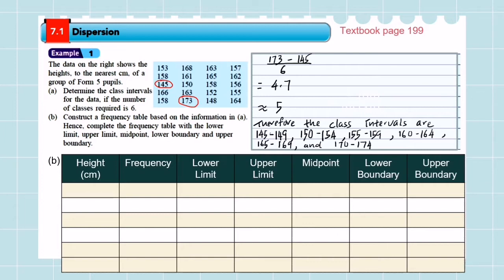Okay, so we start with 145 to 149. 150 to 154. 155 to 159. 160 to 164. 165 to 169. And the last one is 170 to 174.